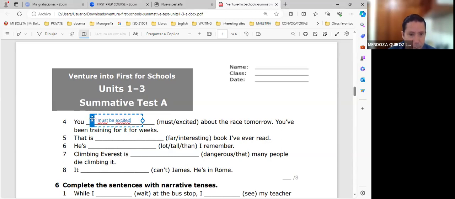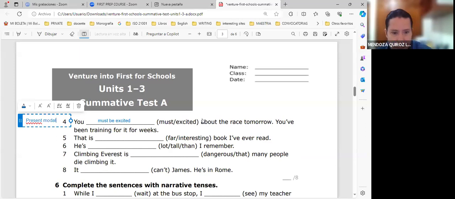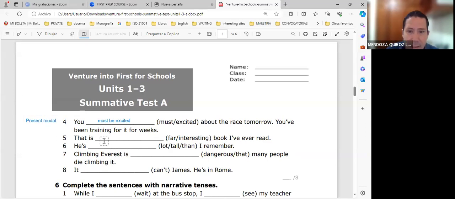This is the present modal. Don't forget, for the past modal, you have to use a perfect form. For example, this sentence in past tense would be: you must have been excited about the race yesterday. You must have been. Nice.